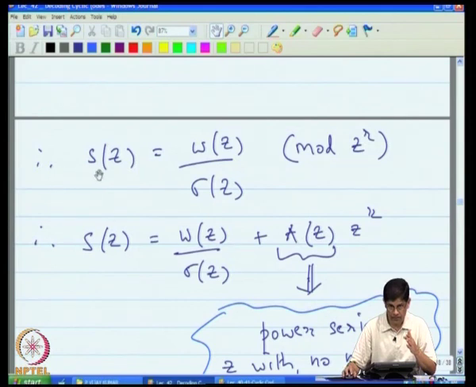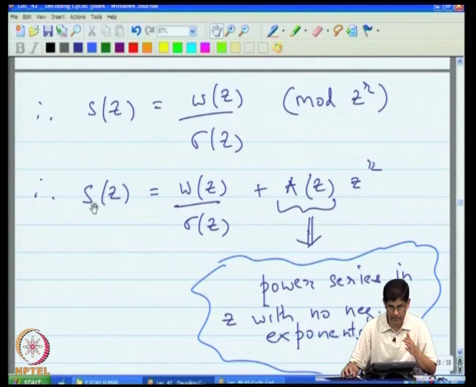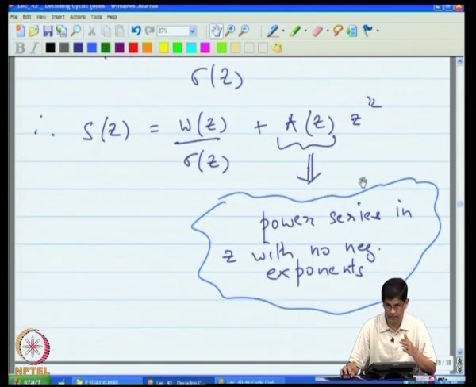Therefore, S of z is omega of z by sigma of z provided you restrict to modulo z to the r, or equivalently S of z is omega by sigma plus some polynomial times z to the r.